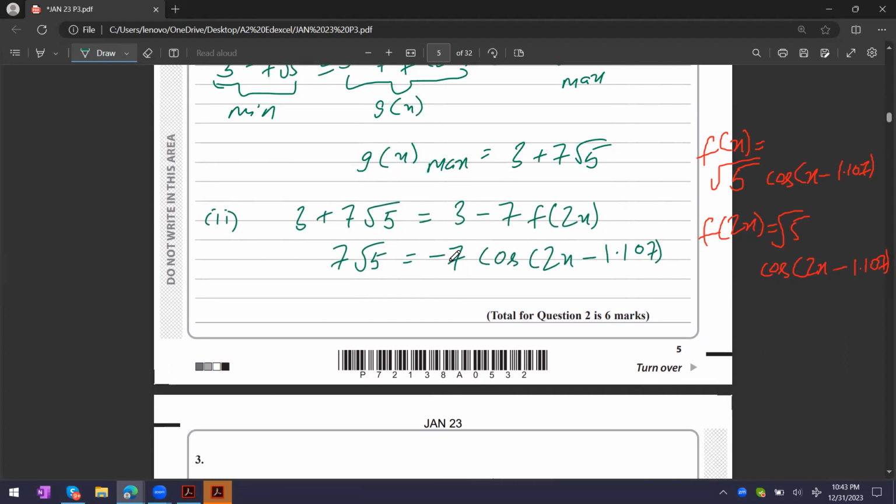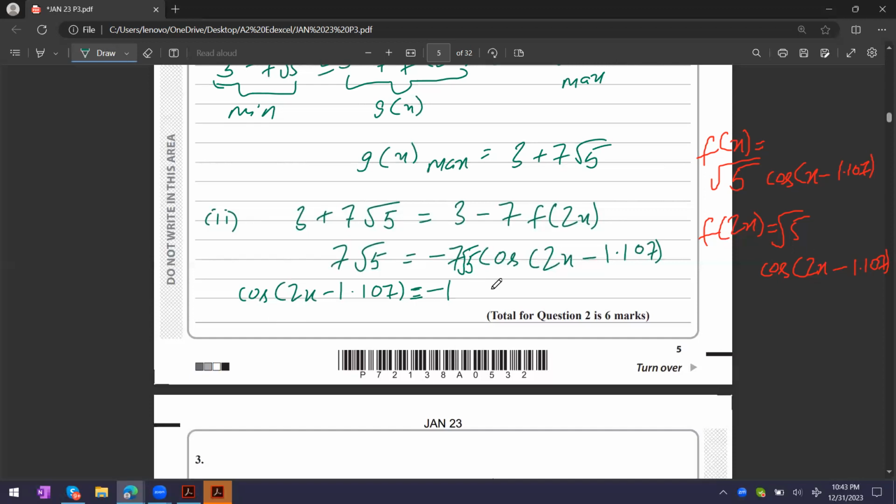So this 7 will cancel with this minus 7. Sorry, there is a root 5 also here, since f of 2x also has the root 5. So everything cancels. You just have cosine of 2x minus 1.107 is equal to minus 1.